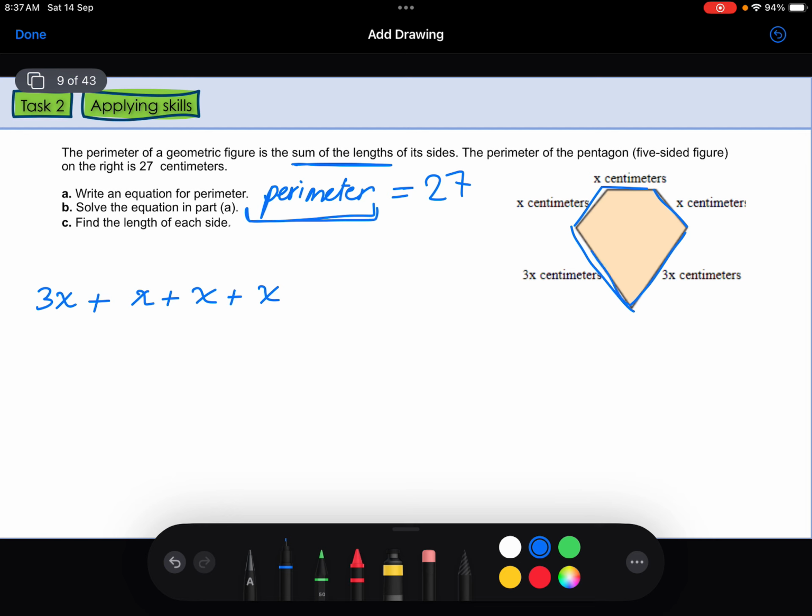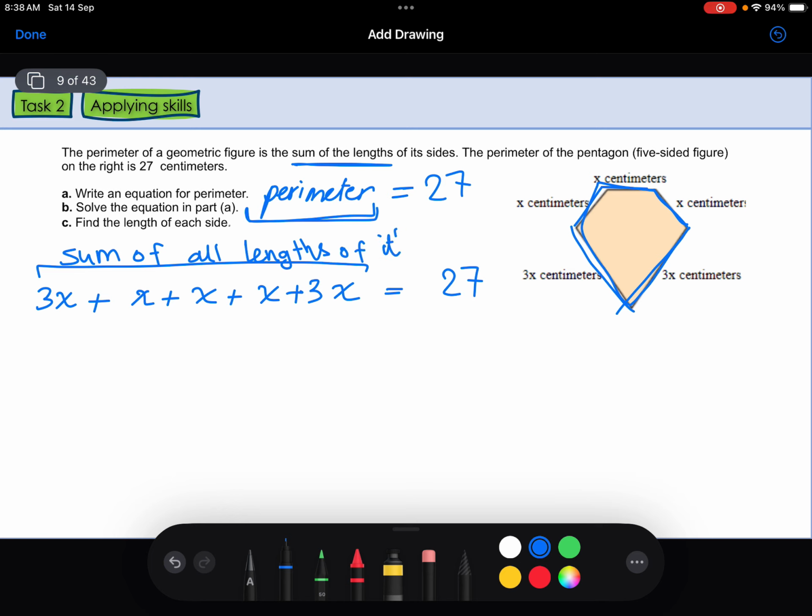So I added this plus this plus this plus this, and then plus 3x. All of them equal to 27 because these are the sum of all length of its sides.